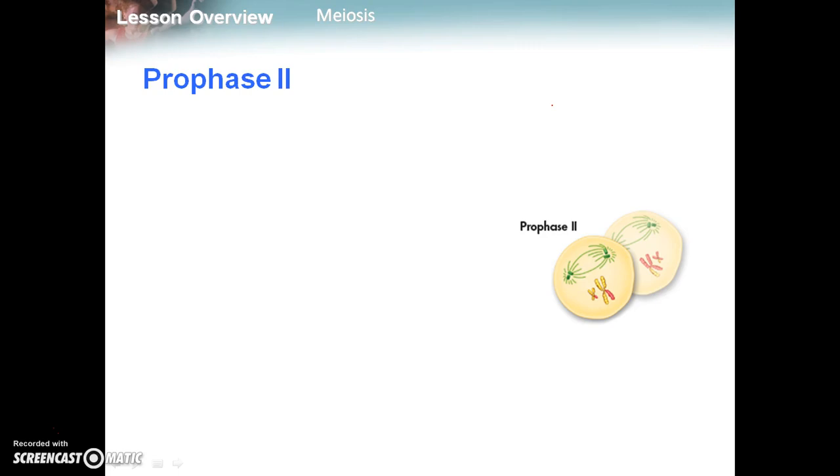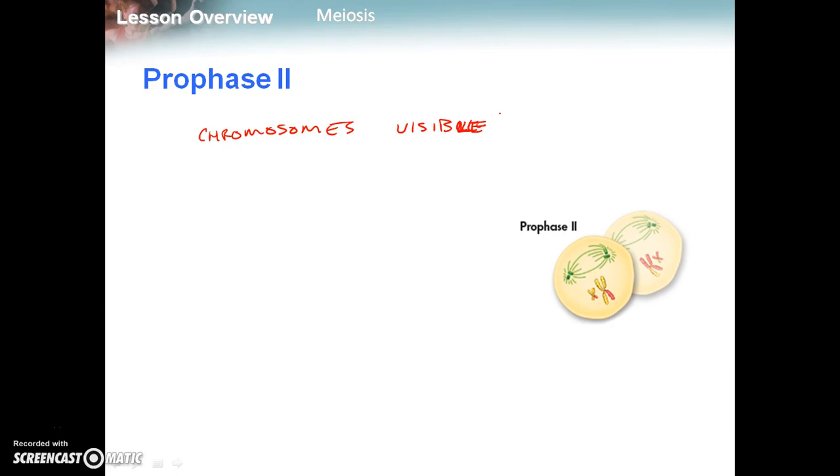So we're going to go through prophase 2. As the cell enters prophase 2, their chromosomes, each consisting of 2 chromatids, become visible.